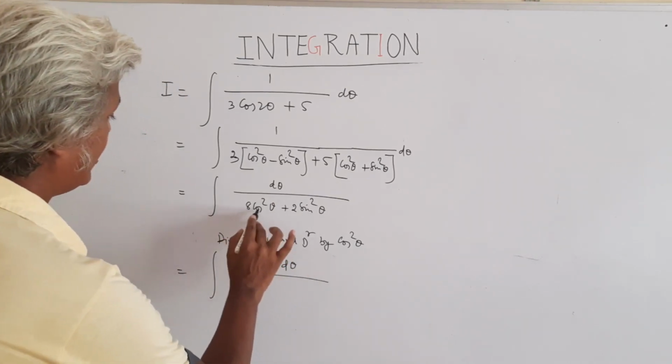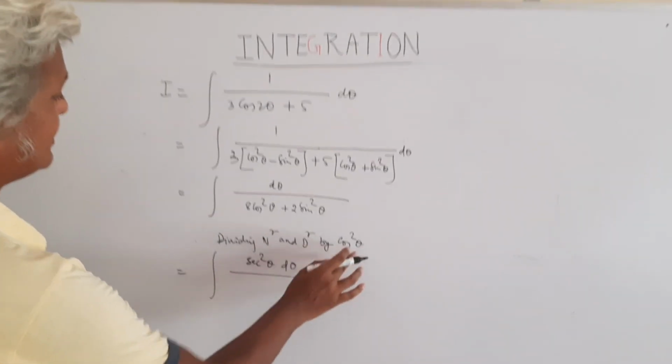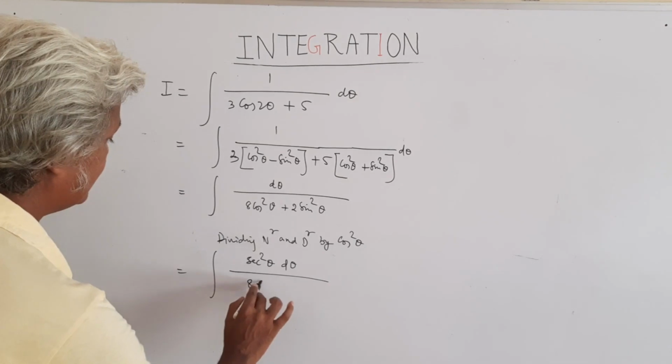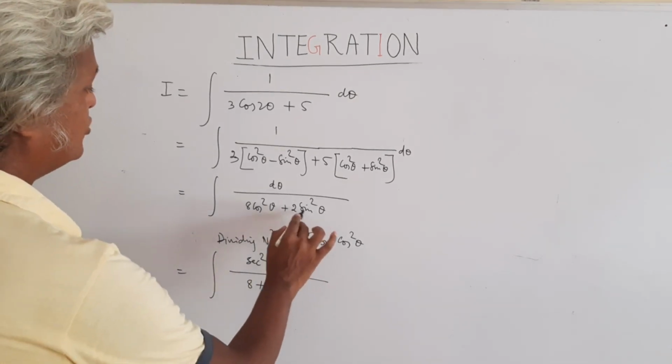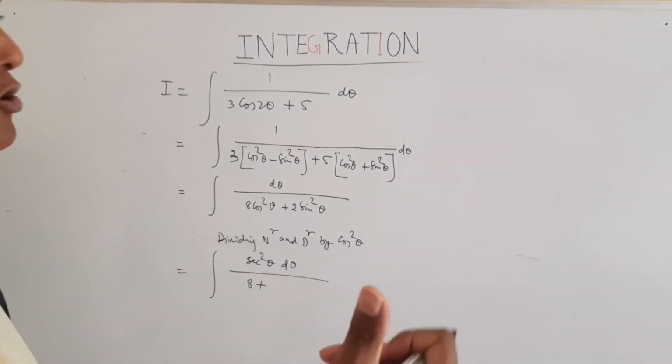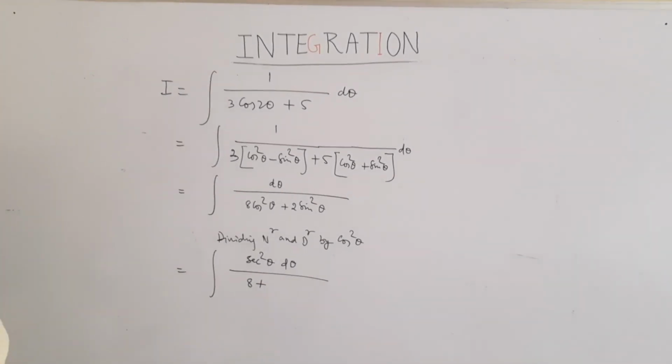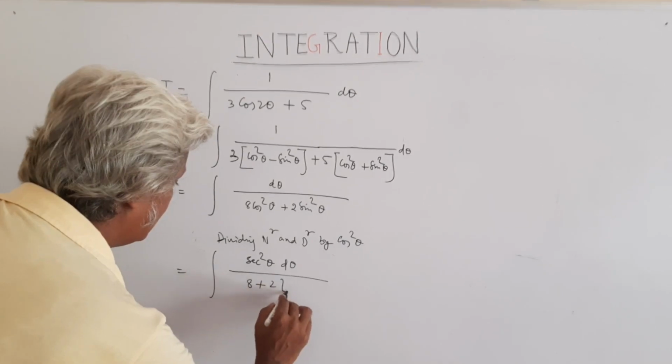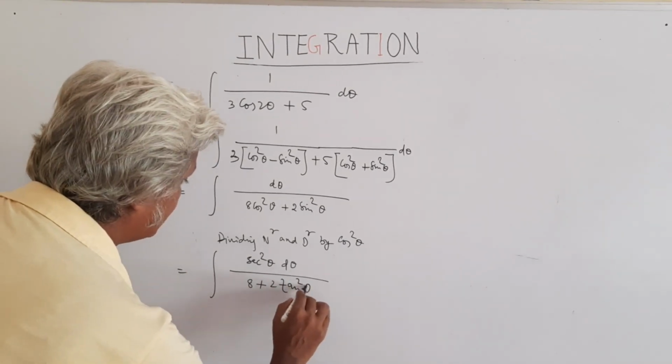And 8 cos square theta divided by cos square theta becomes just 8, plus 2 sin square theta divided by cos square theta becomes sin square theta over cos square theta, that is tan square theta. This is 2 tan square theta.